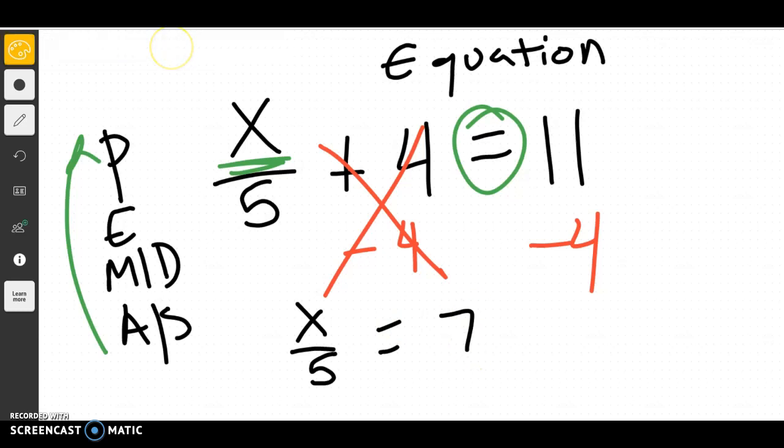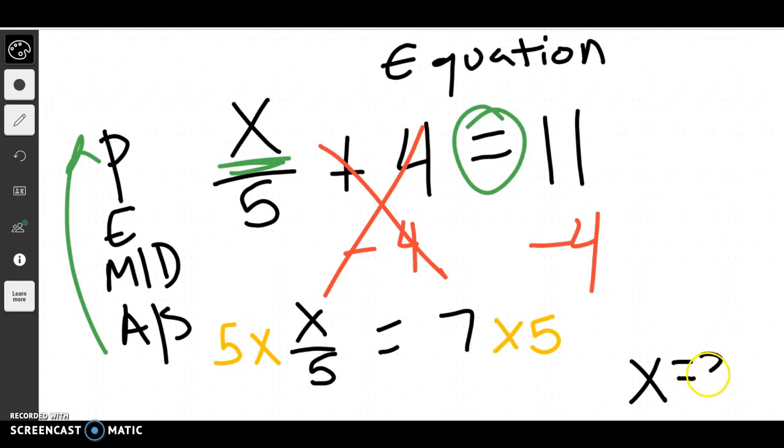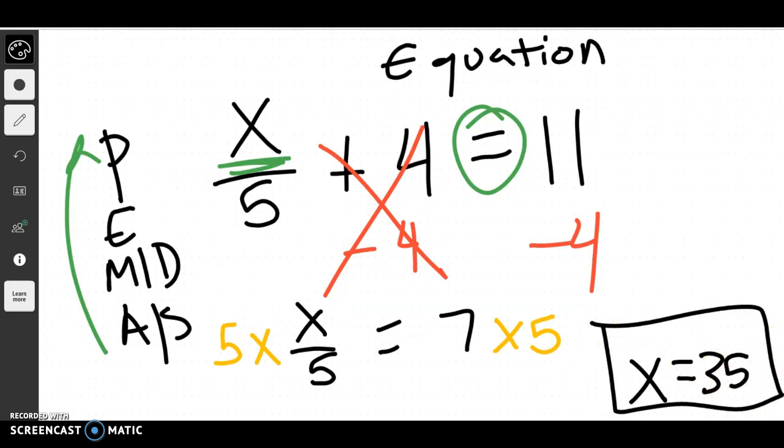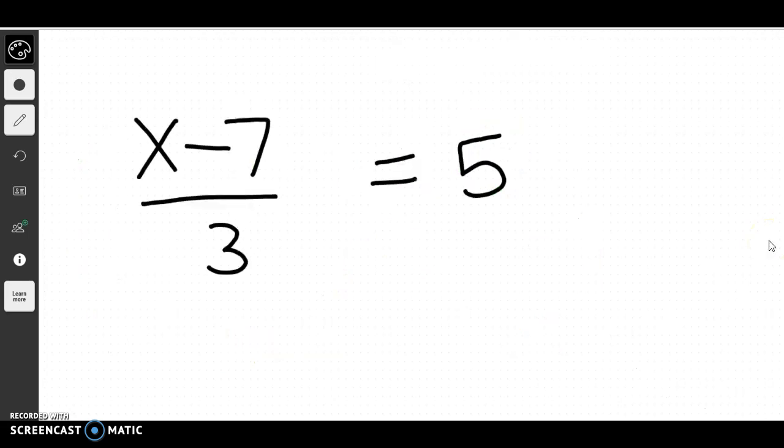Now we have to get rid of dividing by 5, so we multiply by 5 on each side. That gives me x is equal to 35. Again, if you're not sure, plug it back in. 35 divided by 5 is 7, and 7 plus 4 is 11. So that works out. Let's try another problem.